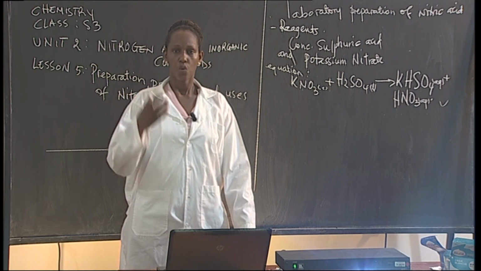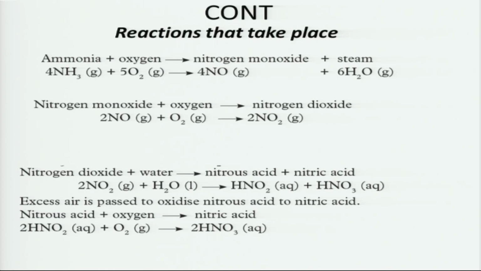So what are the reactions that take place? Here we have around 3 to 4 reactions that take place under catalytic oxidation of ammonia. The first reaction is to oxidize ammonia, and you get nitrogen monoxide and steam or water. The nitrogen monoxide that you have got is also oxidized to get nitrogen dioxide.